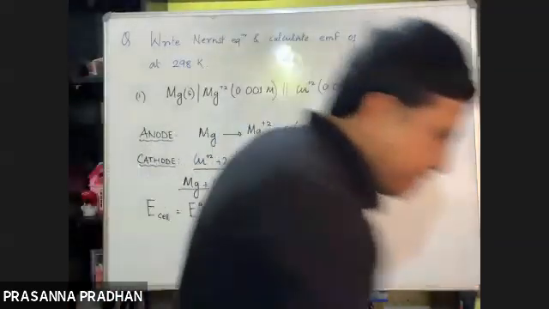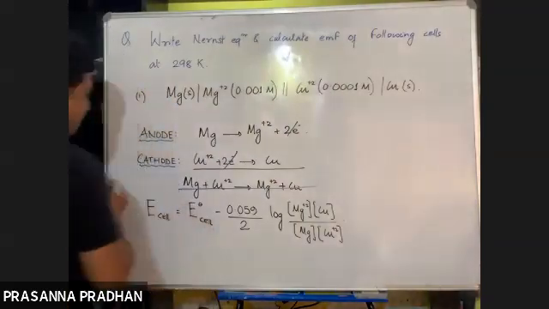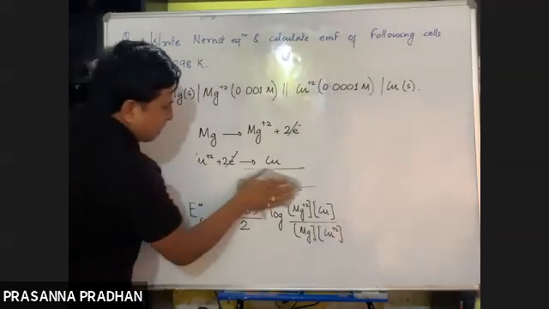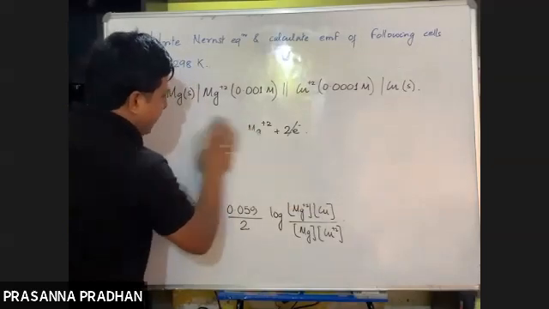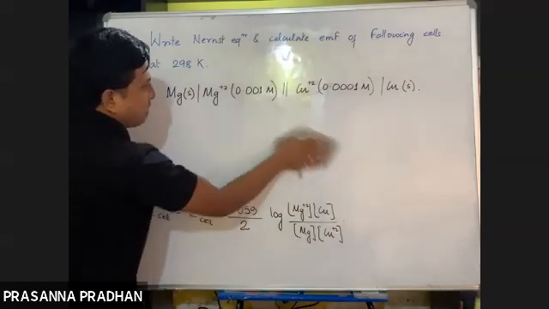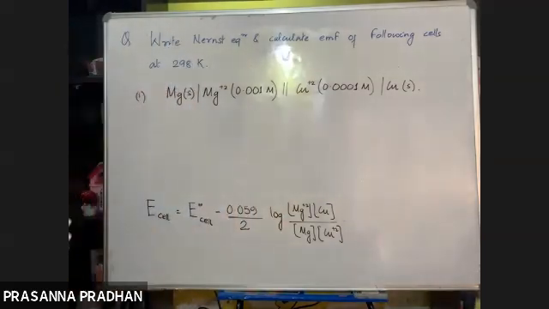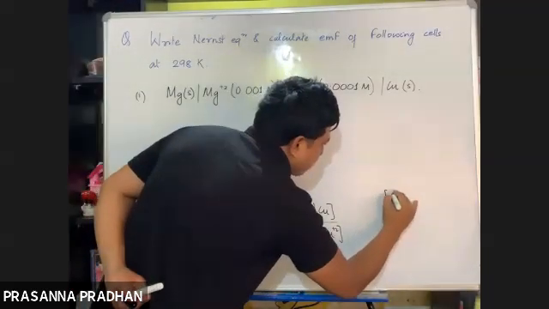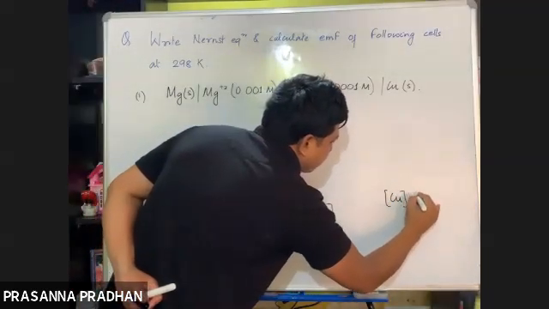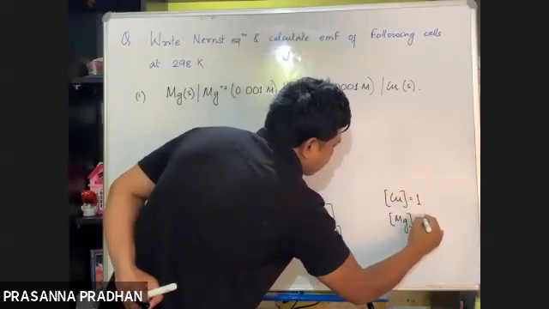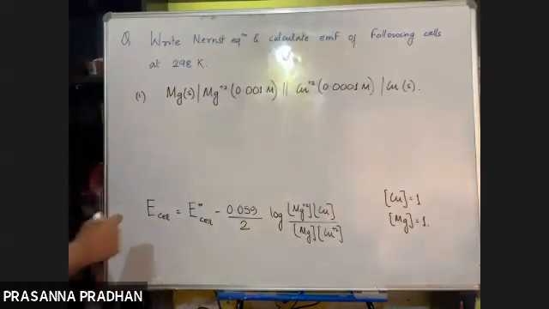Now, what we had discussed back in class 11 is, whenever we write down the reaction quotient, we approximated that the concentration of pure solids and pure liquids is considered to be 1. So out of this, what is a pure solid?